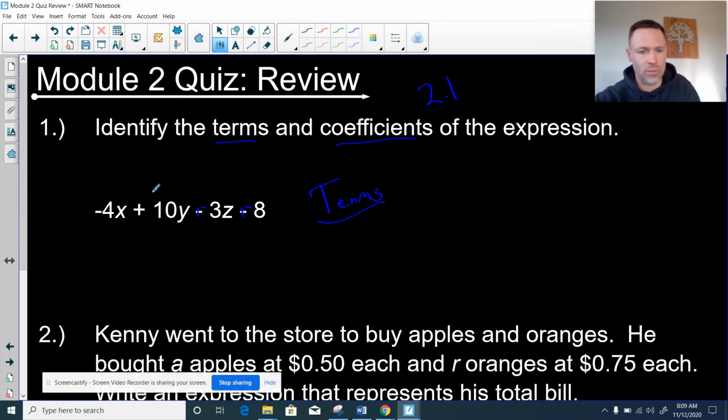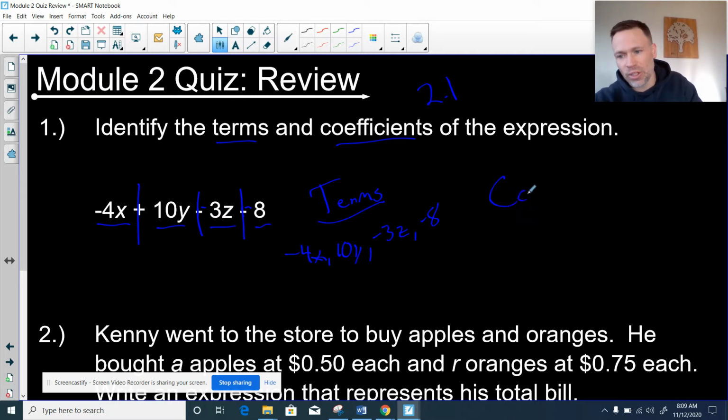Now, when I list my terms, all I got to do is draw lines down the addition symbols, and I've identified my terms. I now have 4 terms. They are negative 4x, comma, 10y, comma, negative 3z. Notice how that helped me keep track of my sign by changing it to add the opposite. And negative 8, again, keeping track of the sign by adding the opposite.